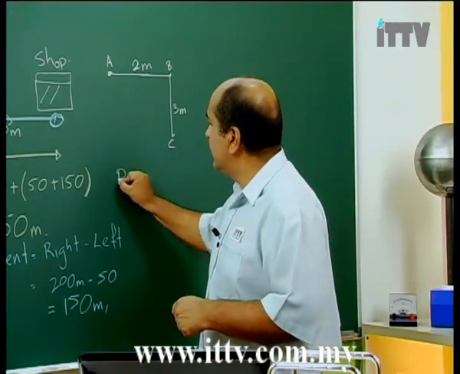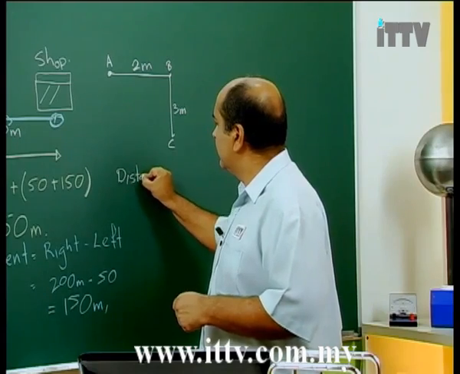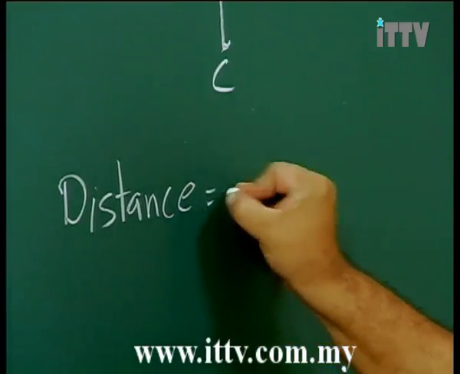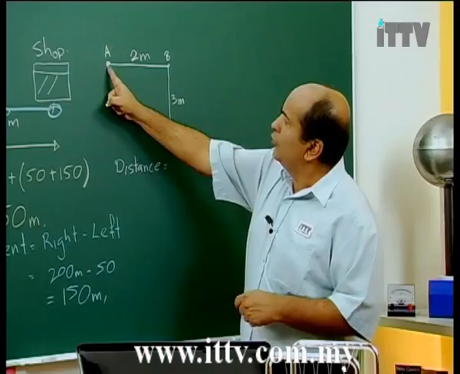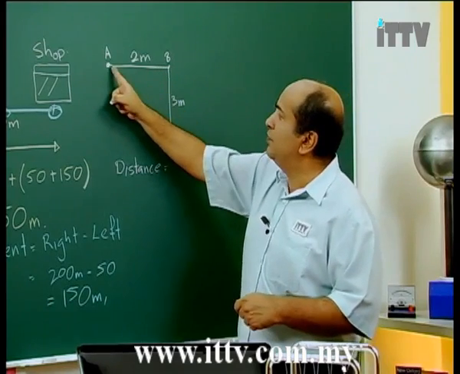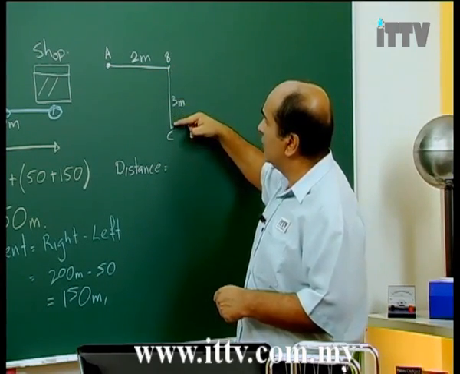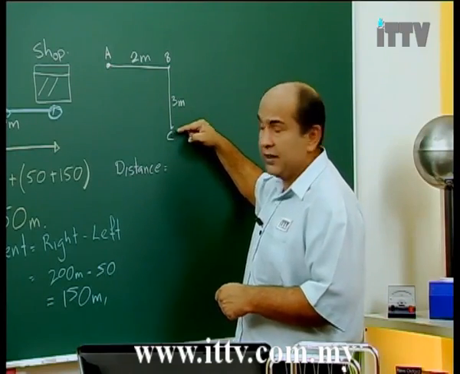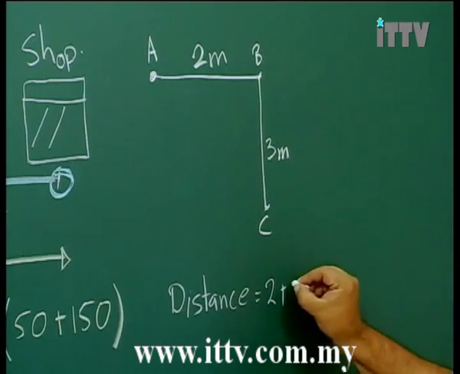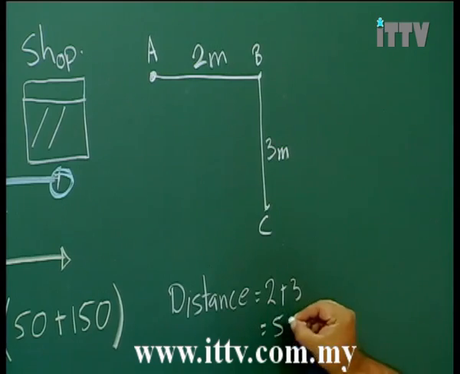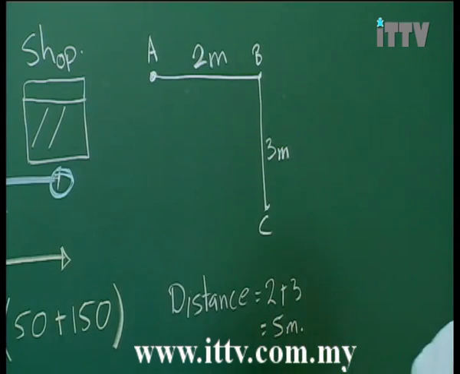So distance would equal 2 meters, which is the movement up here, plus the movement downwards, which is 3 meters. So it will just be 2 plus 3, which equals 5 meters.